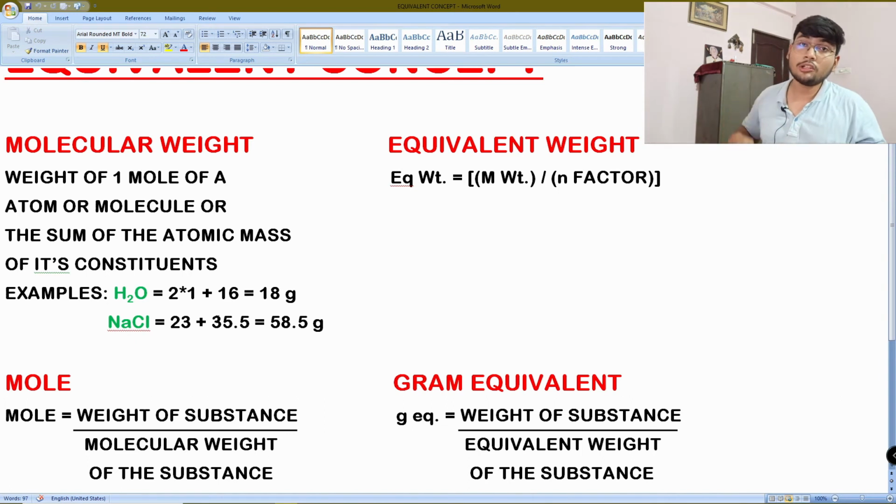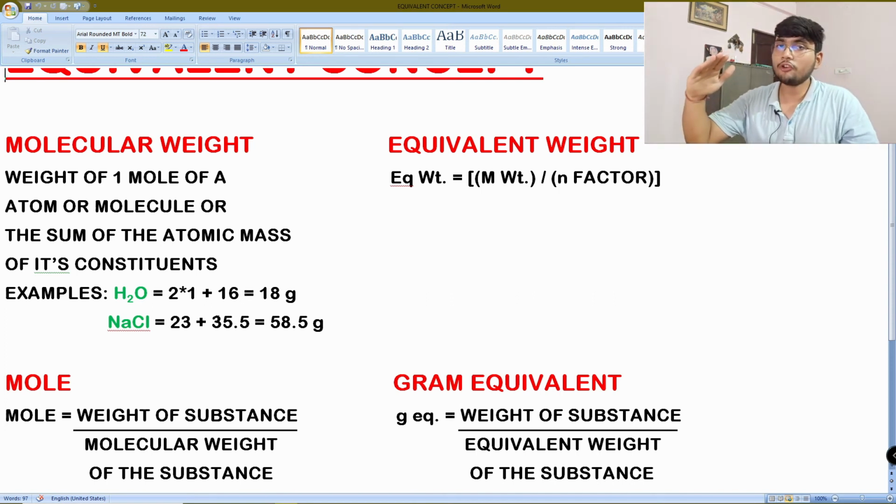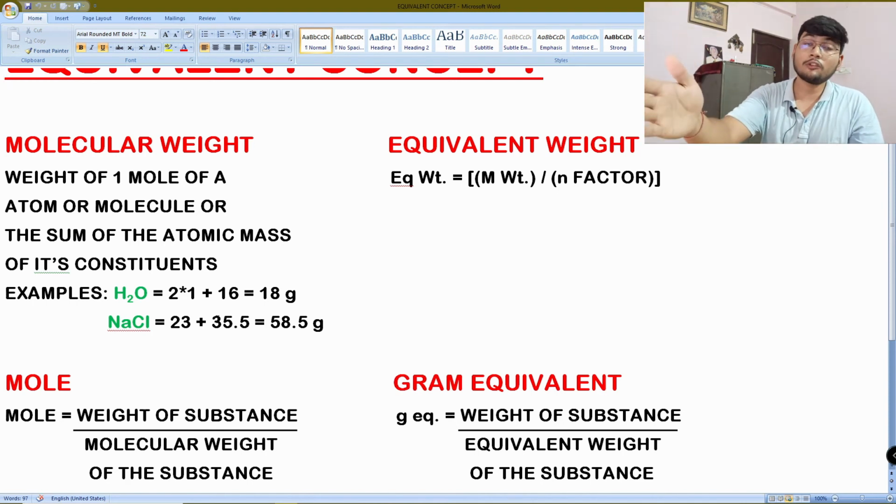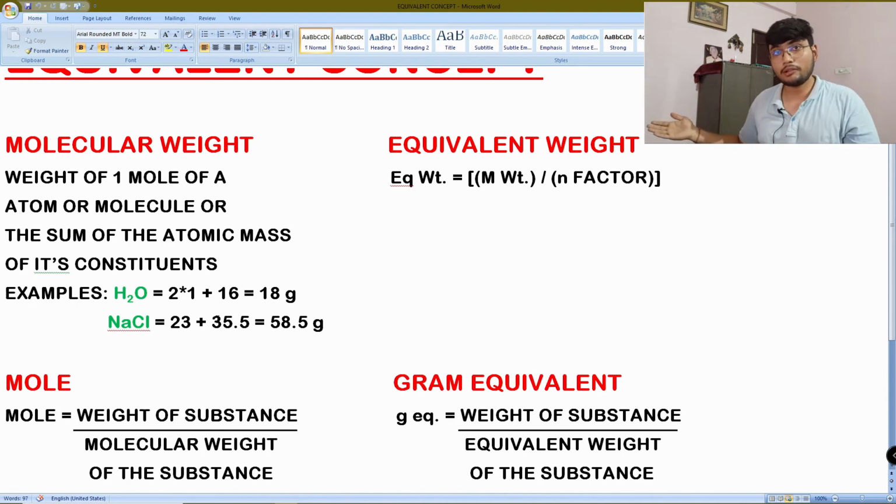Now what is mole? The formula of mole is weight of the substance upon molecular weight. Now in this formula, out of the two terms, which term can be changed into equivalent concept? That is molecular weight. The equivalent term of molecular weight is equivalent weight.